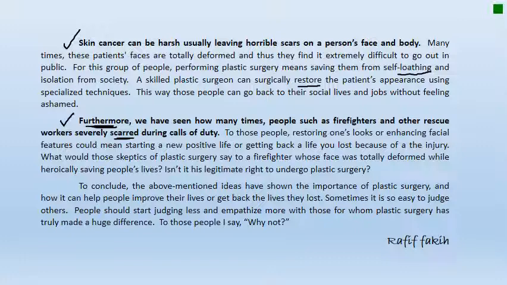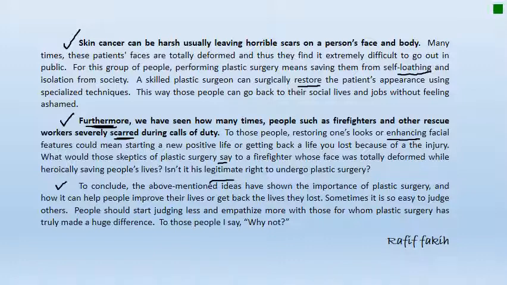To those people, restoring one's looks or improving facial features could mean starting a new positive life or getting back to a life you lost because of the injury. What would those skeptics of plastic surgery say to a firefighter whose face was totally deformed while heroically saving people's lives? Isn't it his legitimate right to undergo plastic surgery? Okay, so those are 3 reasons.